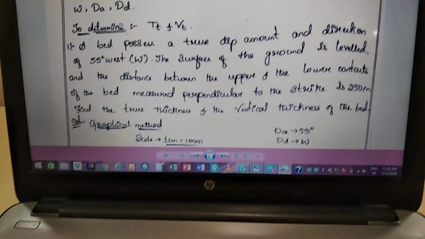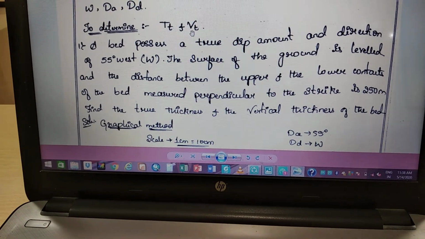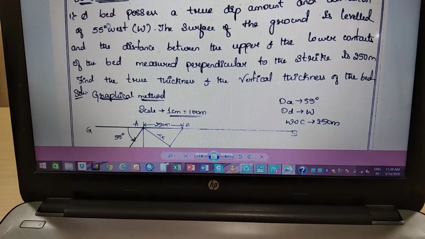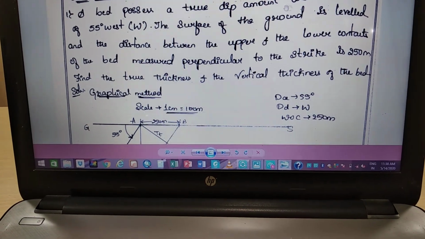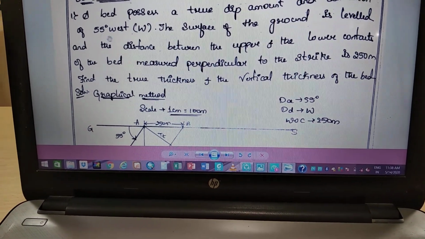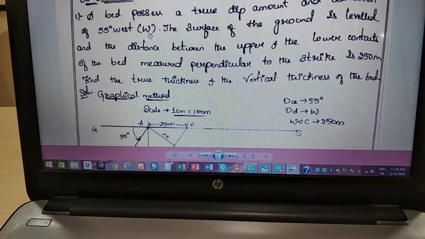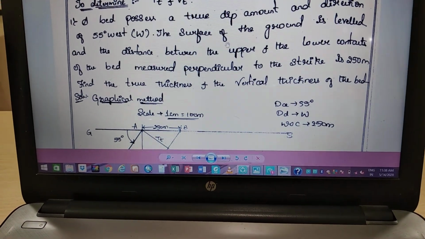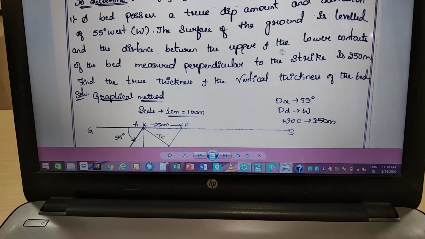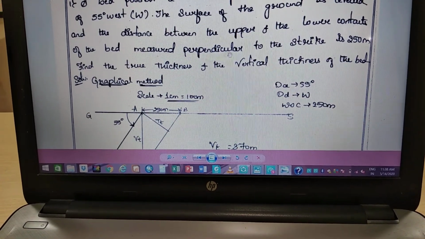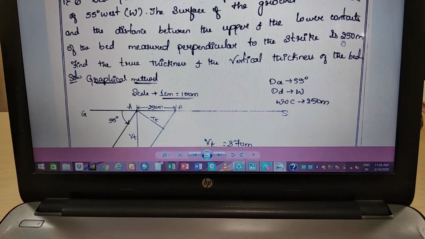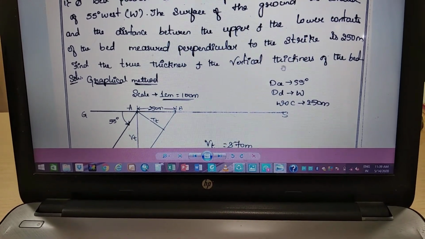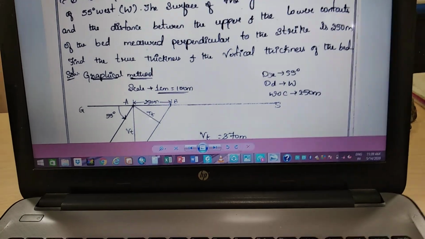The problem: the bed possesses a true dip amount and direction of south 55° west, the ground surface is level, and the distance between the upper and lower contact of the bed measured perpendicular to the strike direction is 250 meters. Find the true thickness and vertical thickness of the bed.